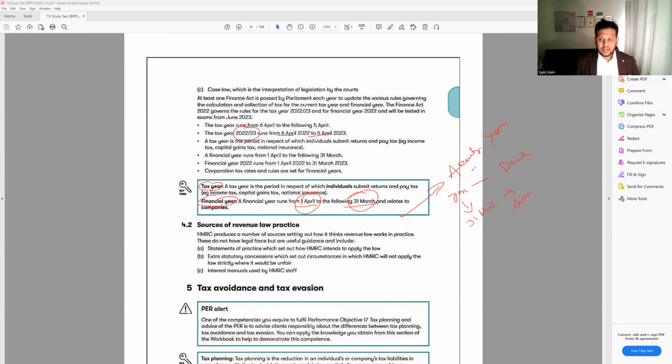So for that reason, when we submit our tax return to HMRC, you'll see there are always two parts, because it is possible the government can change things. For 2023 the corporation tax may be 19%, but in 2024 the corporation tax can be 20% or 25%. For that reason, one accounting year can be divided into two financial years.